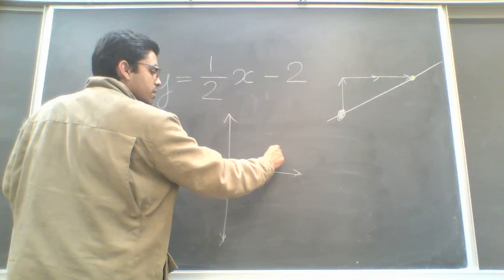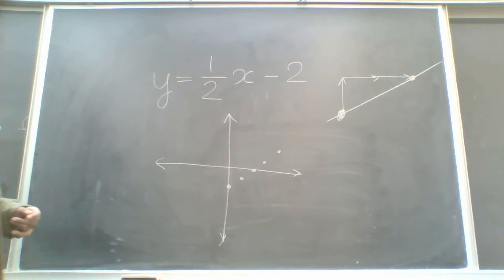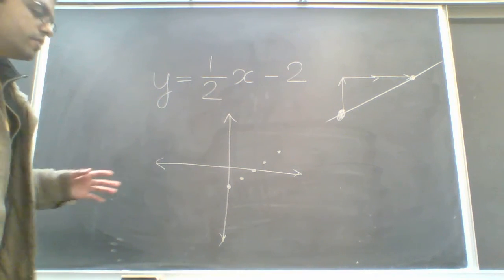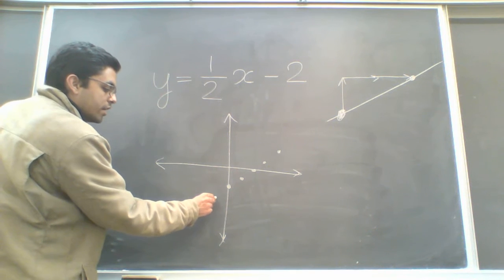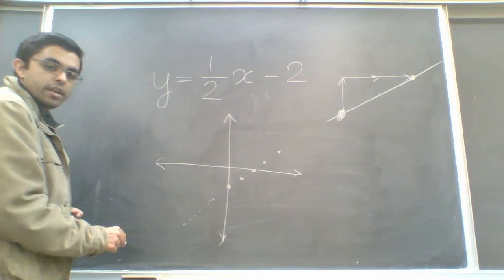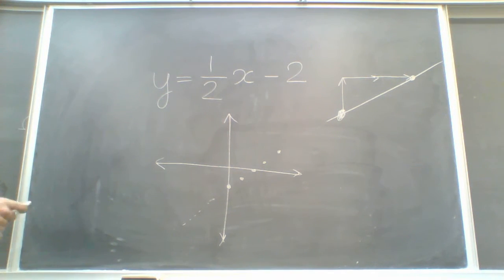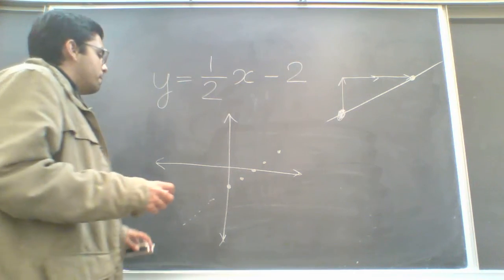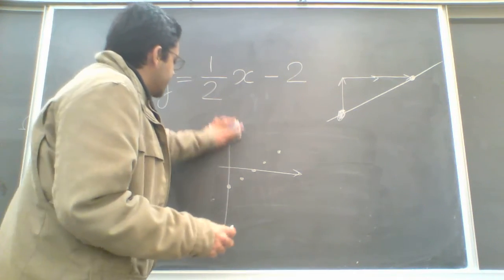Now, a question that some of you might have is, can I plot any of the points over here on the left side? And the answer to that is yes, but you have to be a little bit careful.